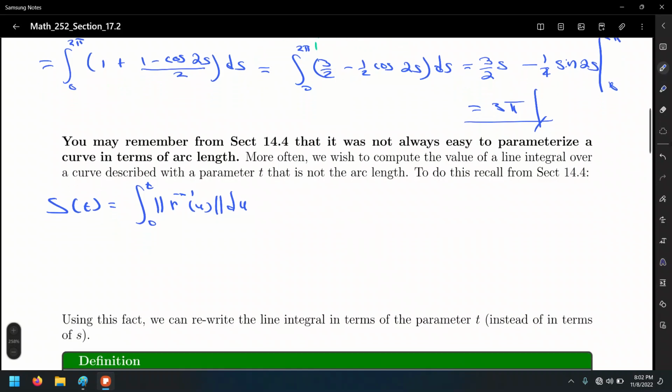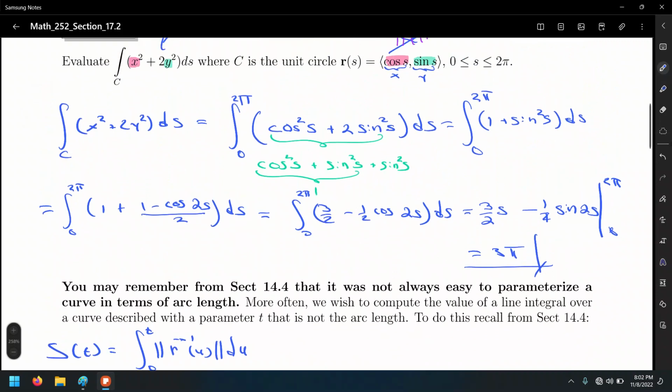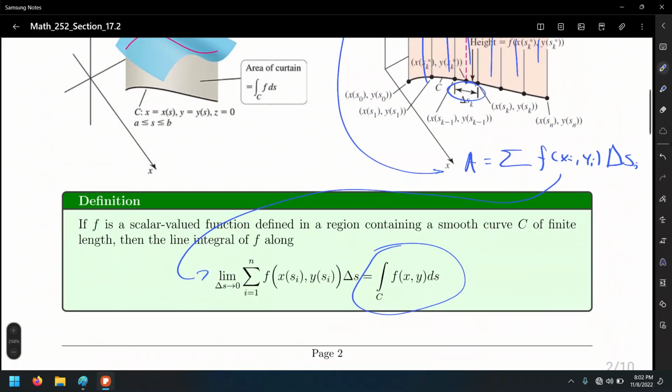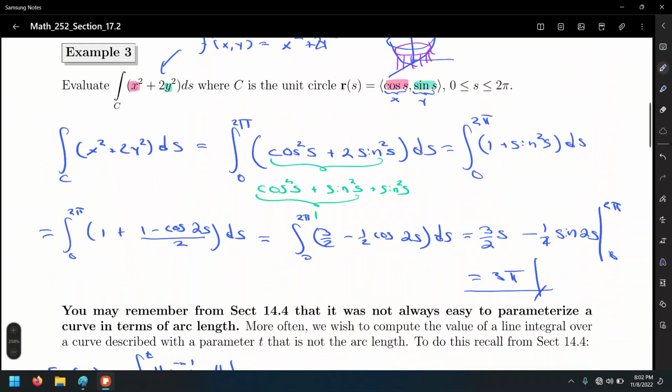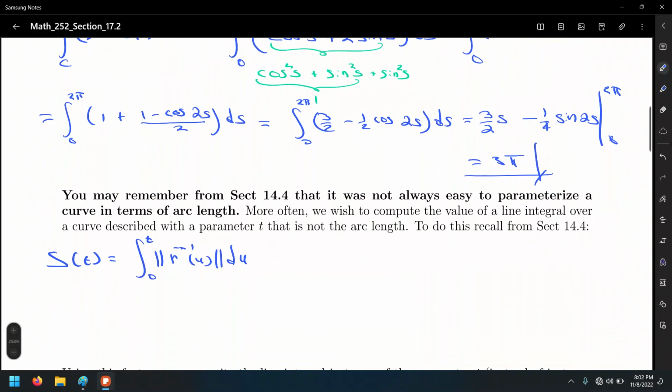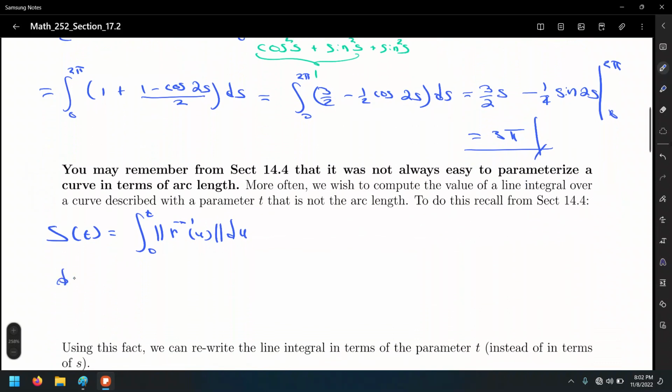And we're going to redefine this integral, the integral that we defined over here. We're going to turn this ds into an easier parameter, the one that we're used to working with, which is t. So if we take the derivative ds dt, that's the derivative of the integral.